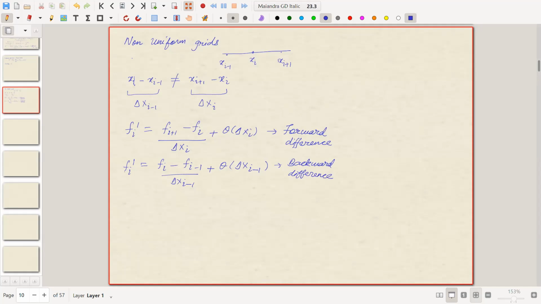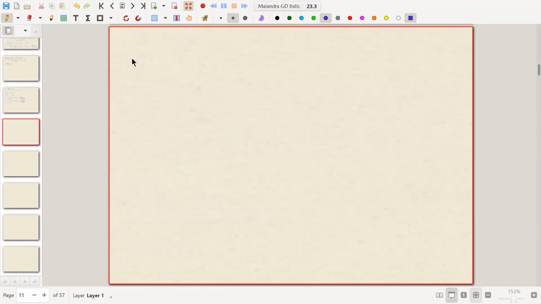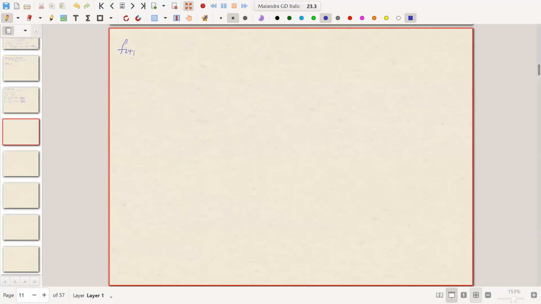Similarly, we can attack central difference, but we don't know how to, therefore we'll try to derive it. For central difference, maybe you can write f i plus 1.